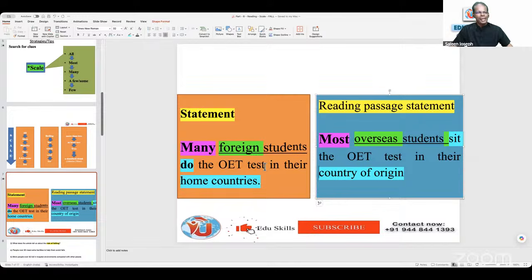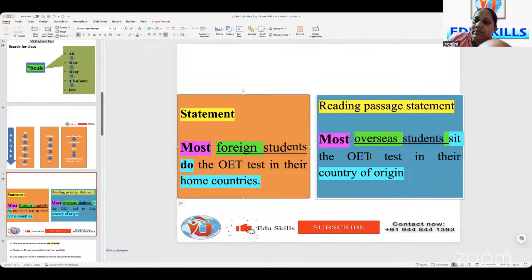Same meaning, but here many is there. If we have to put most here, this becomes real paraphrasing: most foreign students, most overseas. The second one is the paraphrasing of the first one. Paraphrasing means the same meaning presented using different words and phrases.